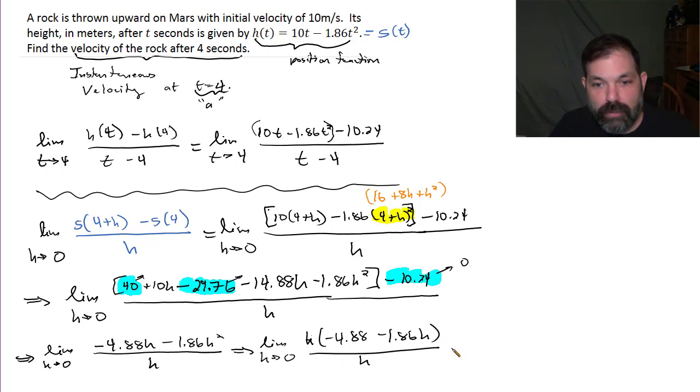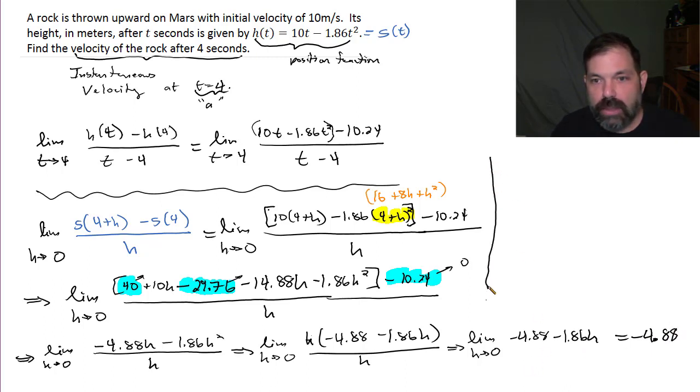I can now remove the common factor of h. So I have a limit with h approaching 0 of negative 4.88 minus 1.86h. And now I can finally let h actually approach 0, and that would give me negative 4.88.